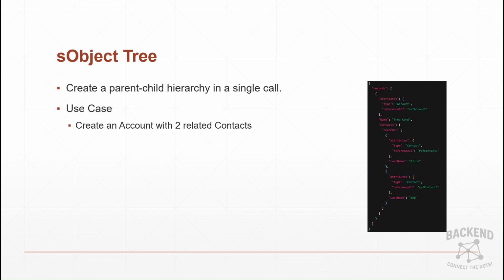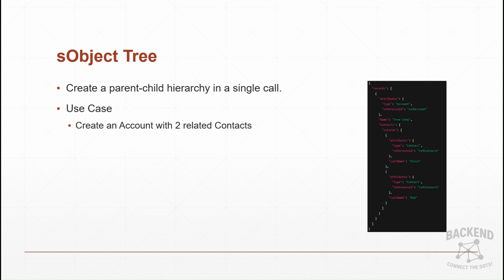In this slide, I will talk about the sObject tree. This is about creating objects in a hierarchical manner in Salesforce, and the sObject tree is helpful for that. The main limitation is that you can go up to five hierarchical levels.